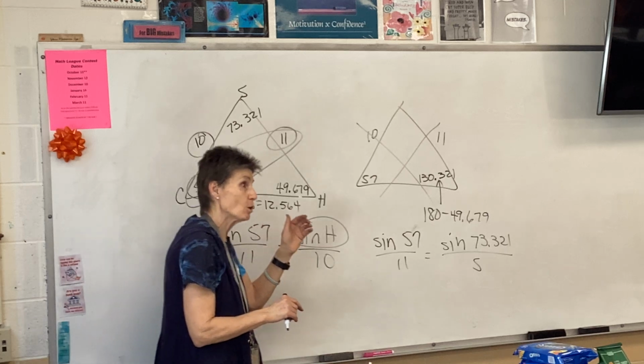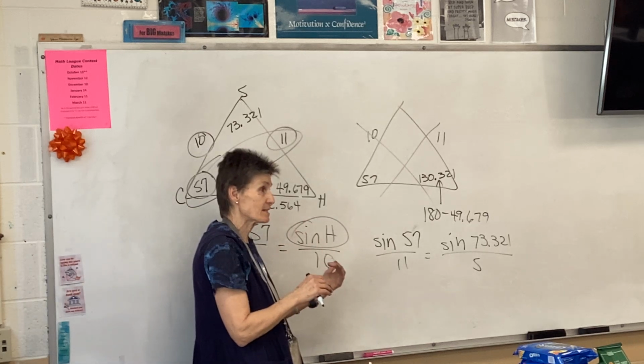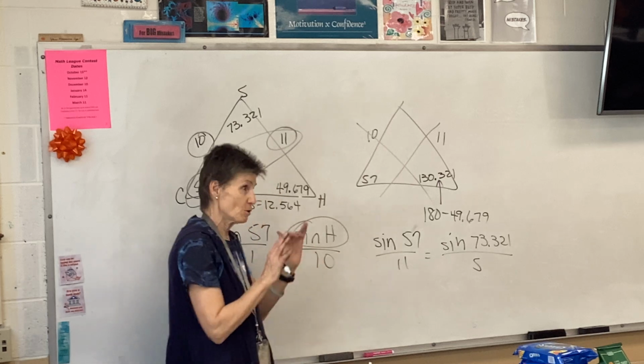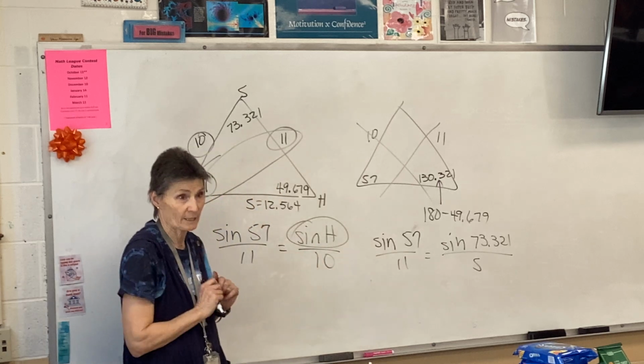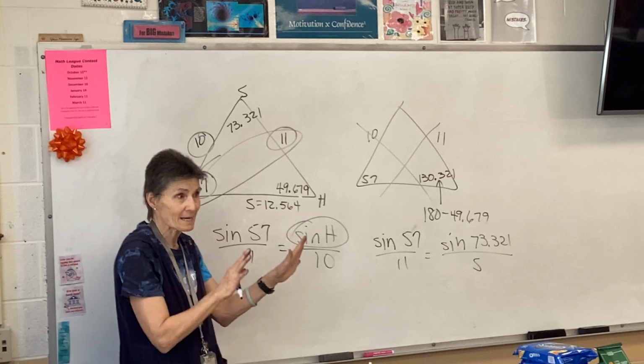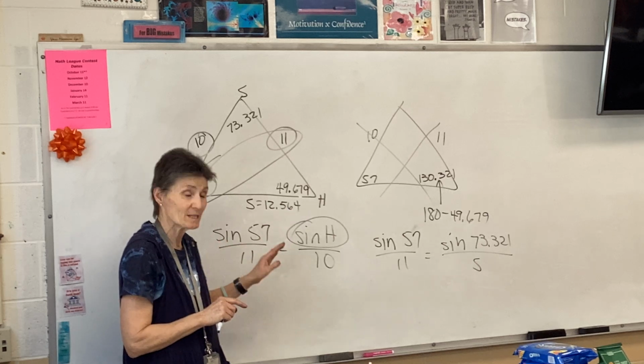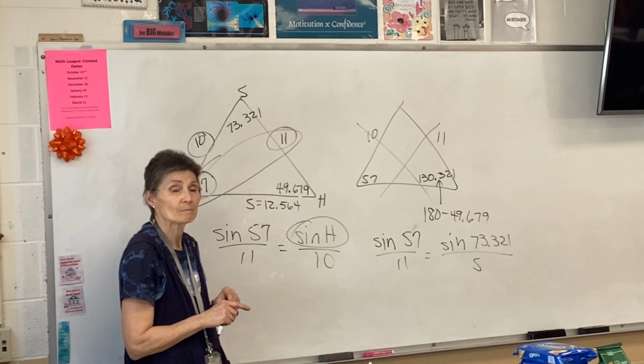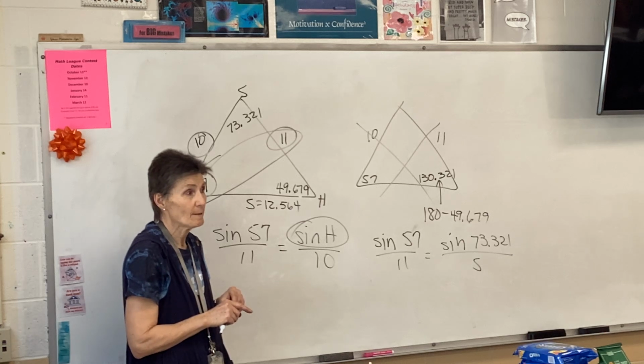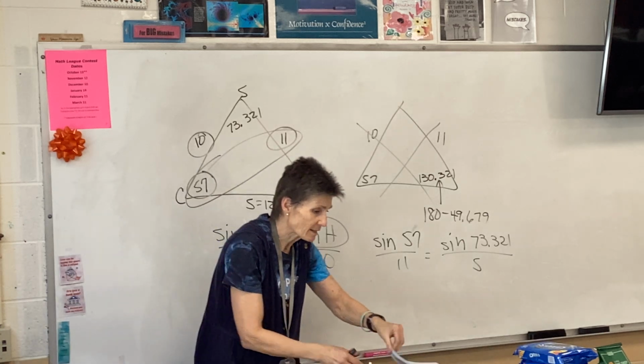If you're using the law of sines to find a side, no issue. But if you're finding an angle, be on the lookout, because you might have another answer. We don't, but you could. Okay? All right. What's next?